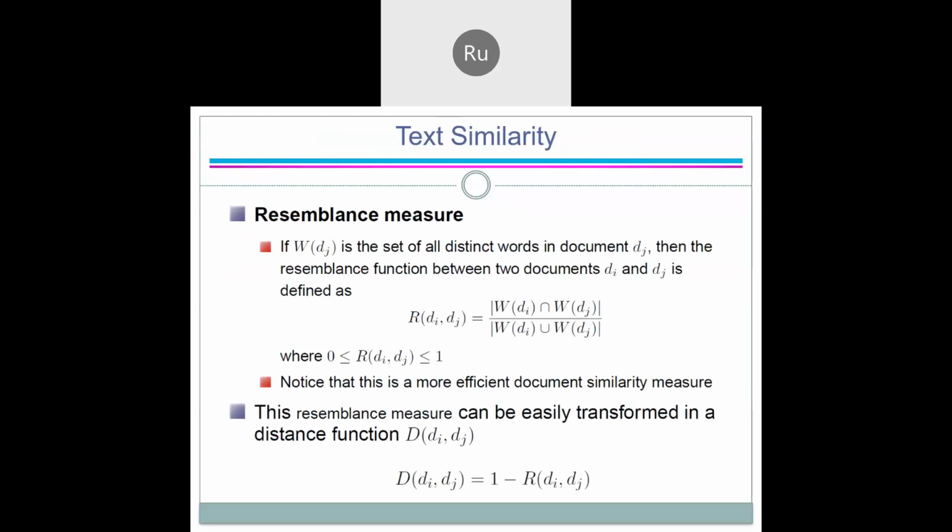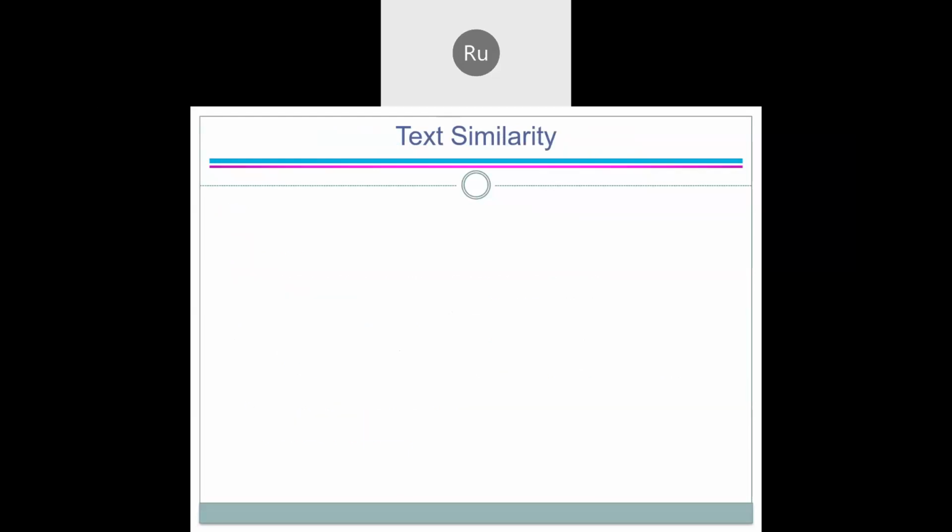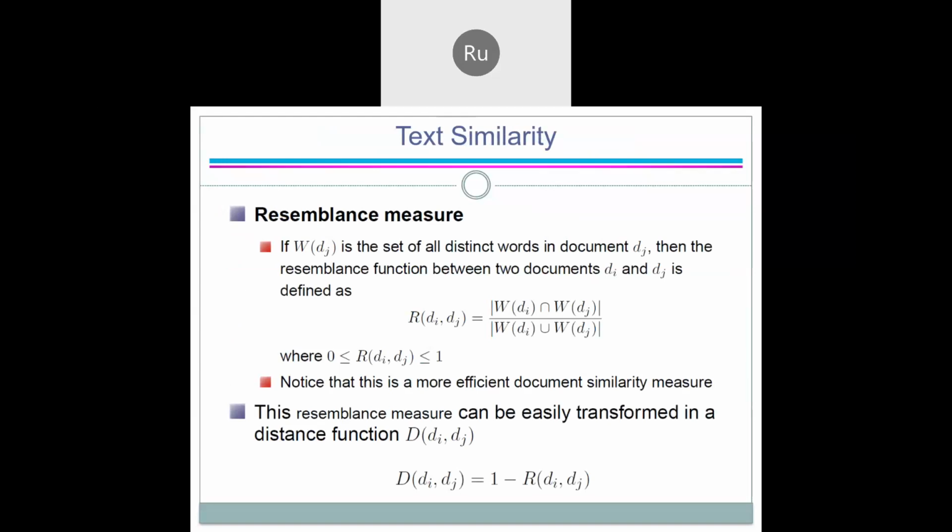Now we look at the similarity between documents. This was between words. The next one is how we look at the content of the document and say that two documents are the same. For example, this is the set of all distinct words in document Dj.